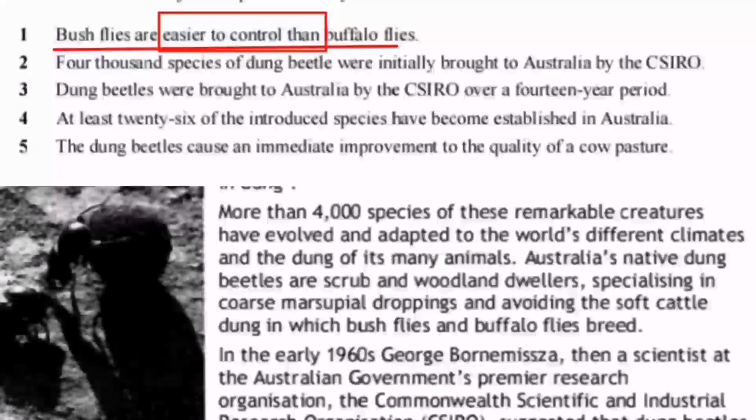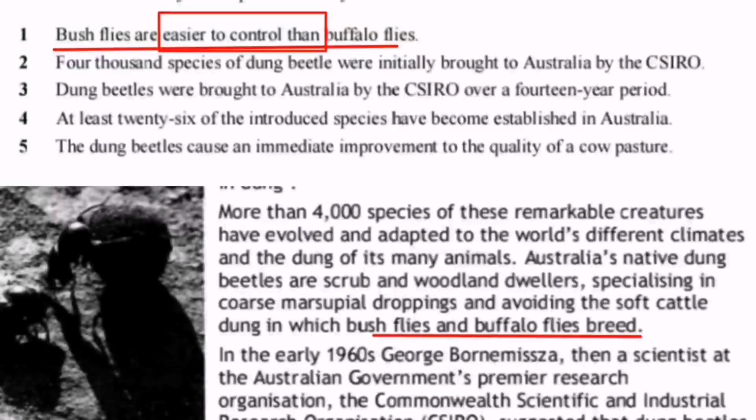And then we have also read about Australia's native beetles, the scrub and woodland dwellers. At the end of the paragraph, we have read that bush flies and buffalo flies breed in the soft cattle dung.